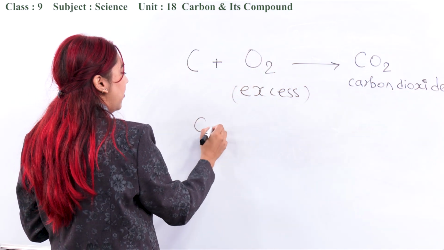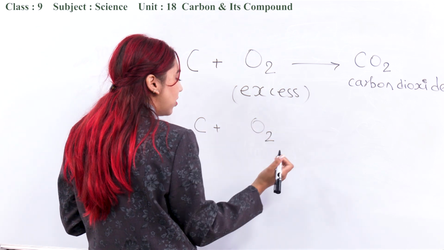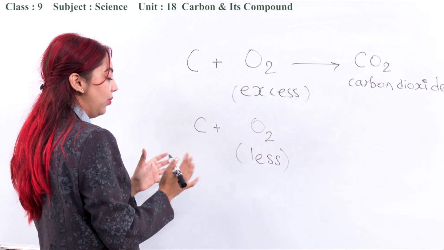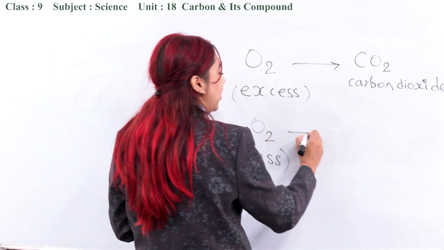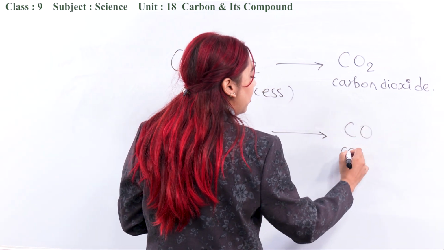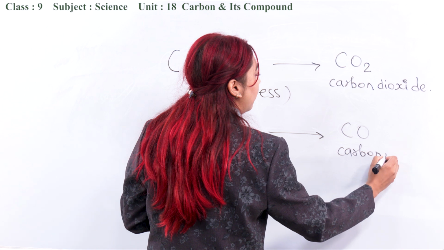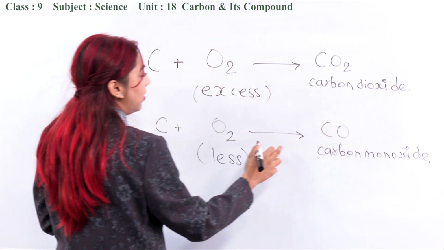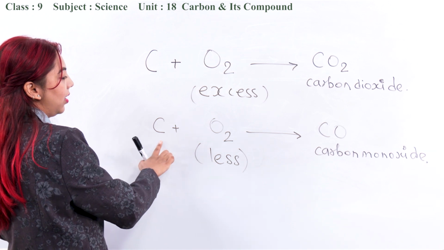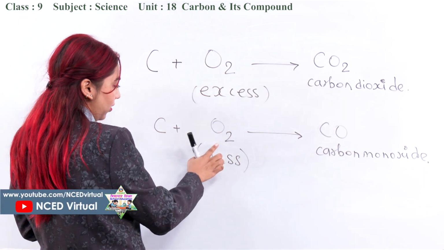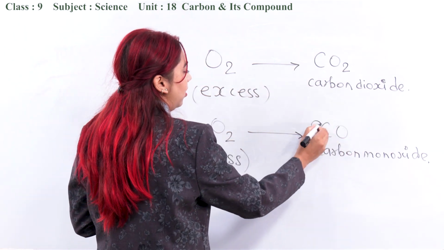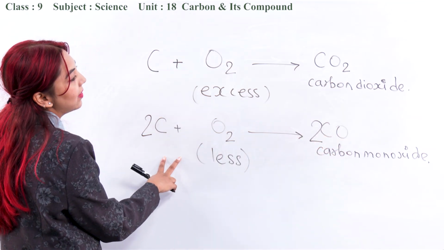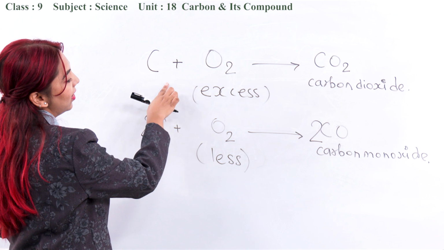But the same carbon reacts with oxygen, and the oxygen is present in a limited amount, that is, in very little amount, then it gives us carbon monoxide. Now this reaction is not balanced. Here we have one carbon, but two oxygen here and one oxygen here. So now we have 2 carbon, 2. Now this is the balanced chemical reaction.